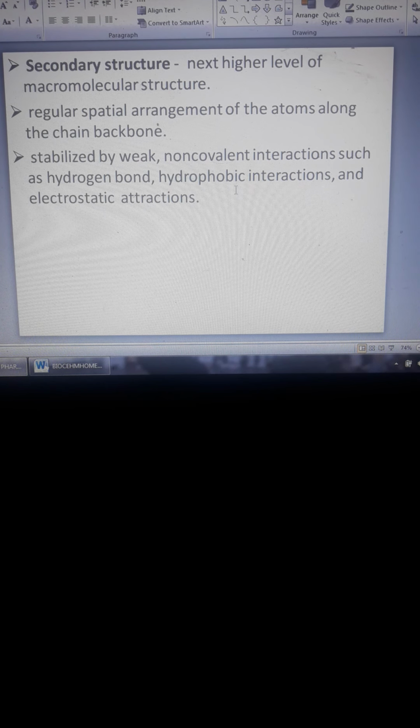There is also what we call hydrophobic bonding, where hydrophobic reactions repel water, and electrostatic attractions, meaning there is an attraction between two opposite ions, the positive and negative charged ions, that is found in the secondary structure of the proteins.